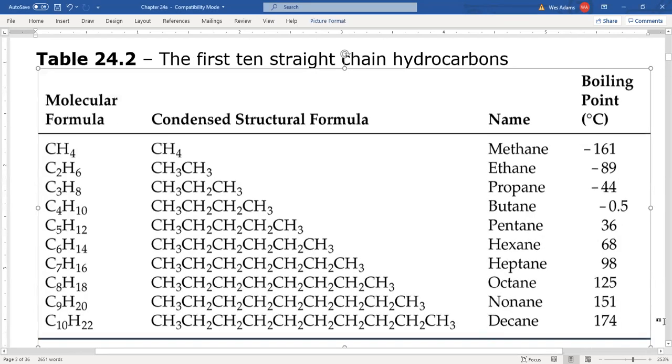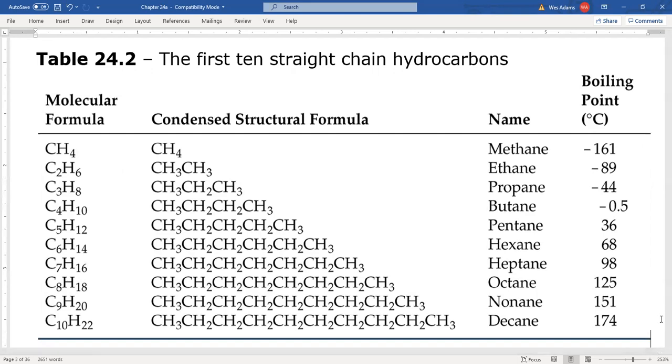And so we find that methane is our first one, and it's CH4. And you see those boiling points are pretty low, -161. You don't have to memorize those, but it gives you an idea. Now, ethane is C2H6, or 2 CH3 units bonded together, and we'll talk a little bit more about how these structures go together.